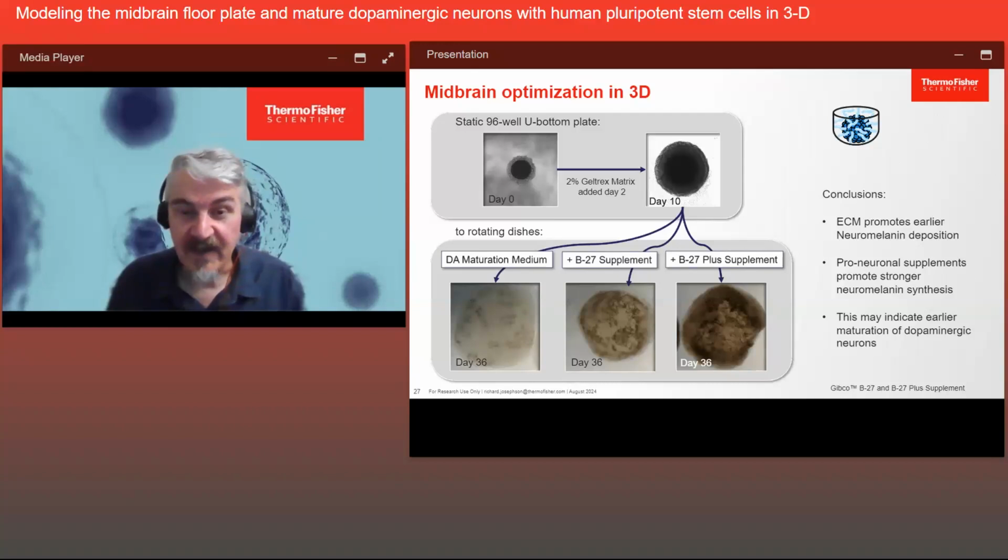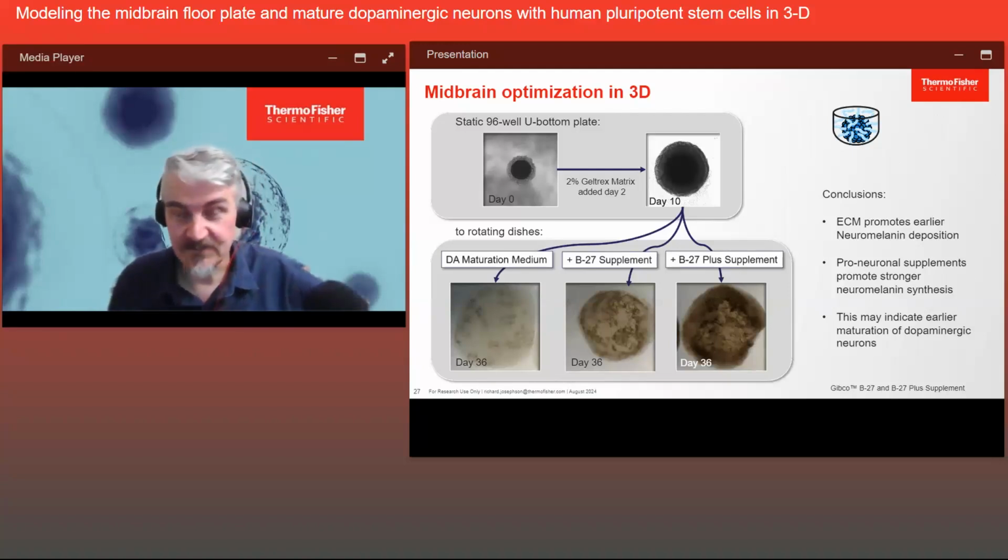And we found that adding either of these health promoting supplements gives a strong increase in neuromelanin by 5 weeks. We suspect that it's stabilizing the neuronal population by its presence of antioxidants, as well as other vitamins and such in these supplements.